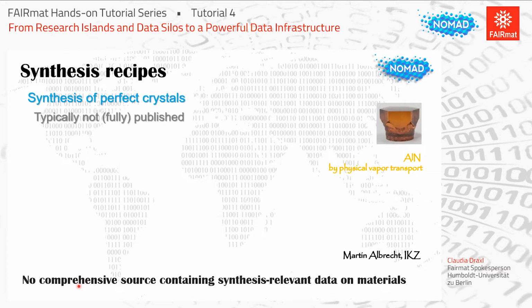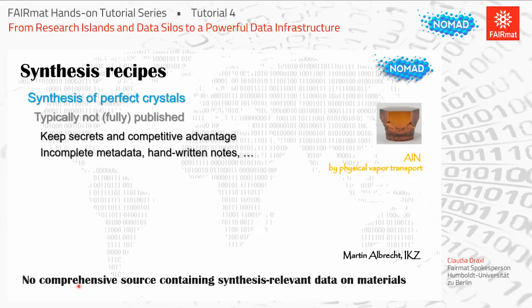And there are several reasons for this. One, of course, is that probably people don't want to share their secrets, because they want to keep the competitive advantage. If you grow the best crystal on this planet, why should other people do the same? You want to publish nice papers with this. And this is particularly relevant in the industrial environment. Of course, they wouldn't share everything.